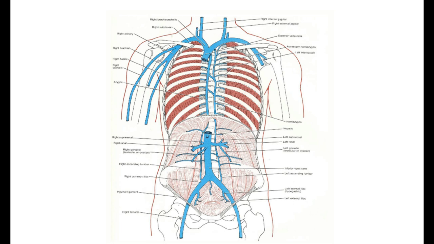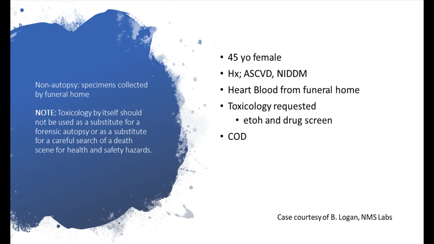And if the autopsy is delayed, you could get diffusion of that drug from the urine in the bladder right into that vessel, and you can get really high concentrations that occur from that situation.